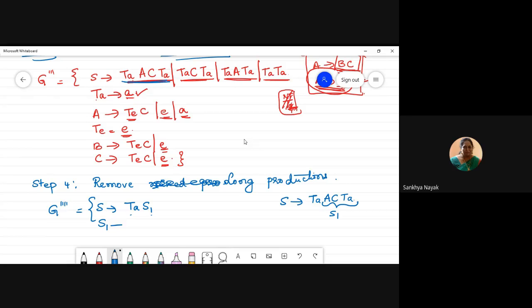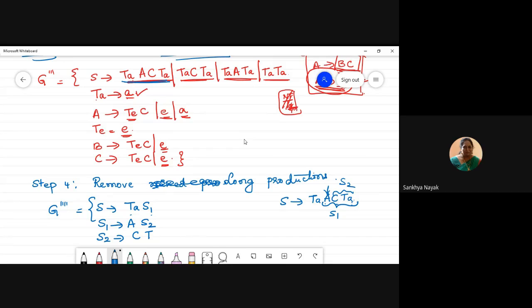So I will say S1 derives A S2. So here A and S2. Now S2 has only two non-terminals. So S2 derives C T_A.